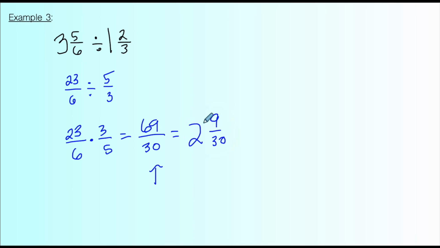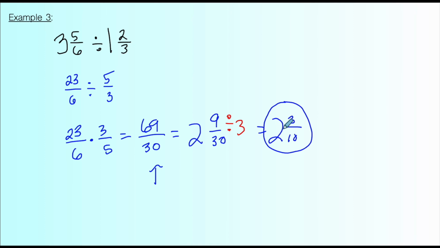Now, 9 and 30 both share a common factor, believe it or not, of 3. So you can divide everything here by 3 and simplify it just a bit more. 9 divided by 3 is 3. 30 divided by 3 is 10. 2 and 3/10. So this is your best possible answer. It's as simplified as it can be.